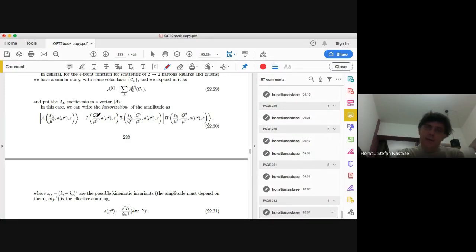The only point of Q is that I can factorize the amplitude into these three objects in terms of an arbitrary scale Q. So I can write a relation like this for a Q1 and another relation like this for a Q2, but now J, S and H are different.